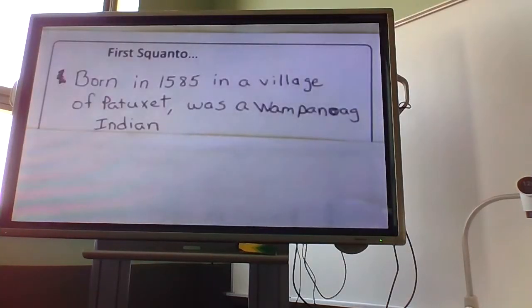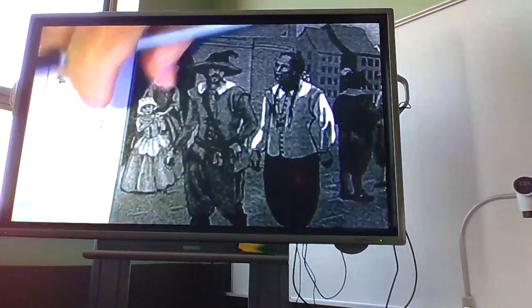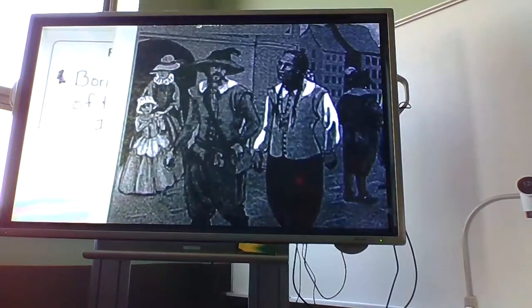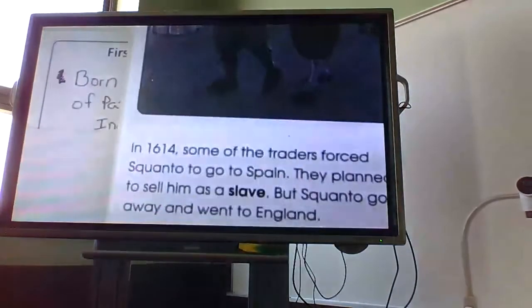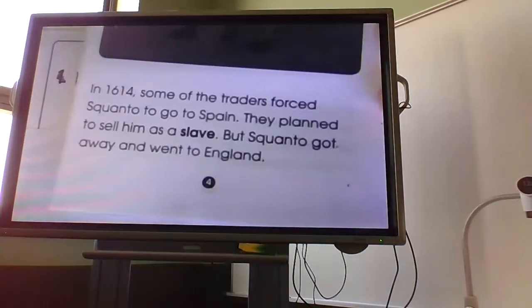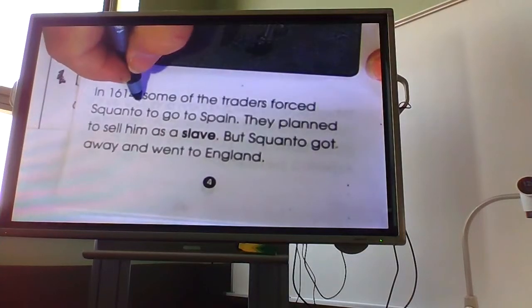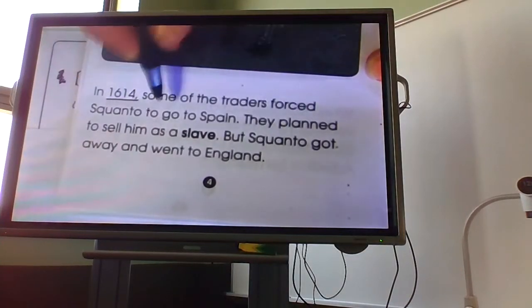Let's see what we can write for the next one. What was important next in his life was on page 4 of your book, and this is the picture. This is after he's grown up. If we look at the words for this one, we start with that date again: 1614.